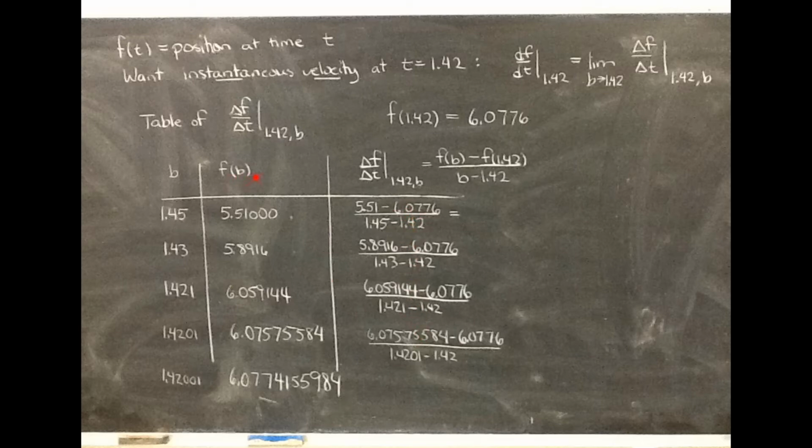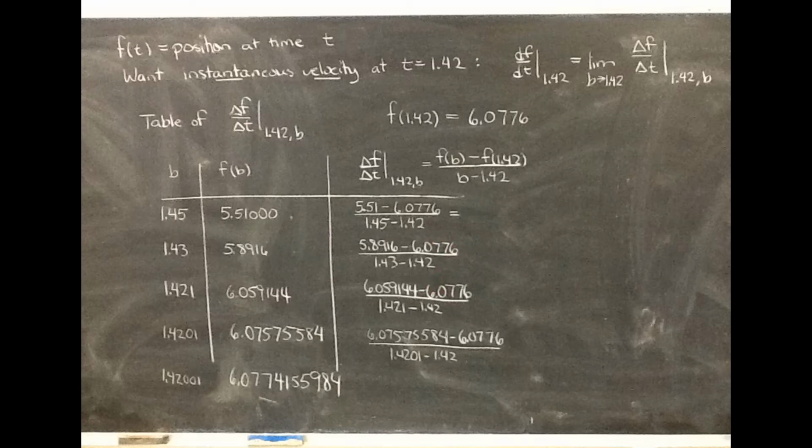I've got my f of b minus my f of 1.42 divided by the change in my time. And so I'm just copying these values of f of b into the first spot. And I'm copying the value of my function, my position at time 1.42, and I'm putting that in the second spot.